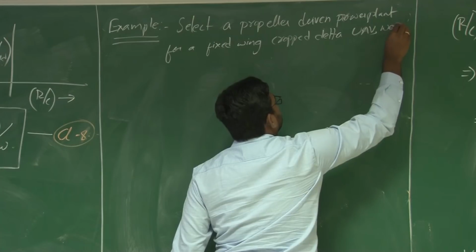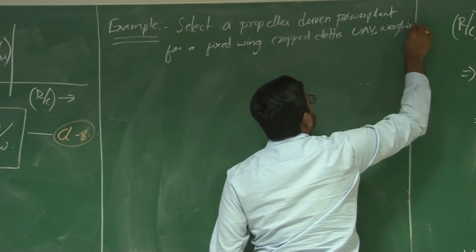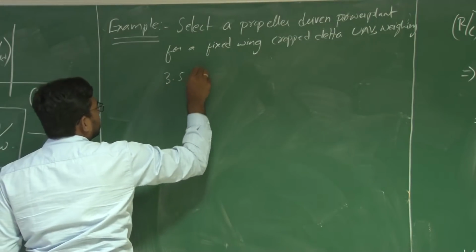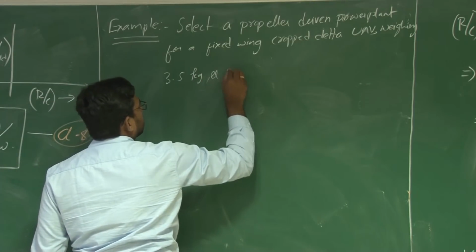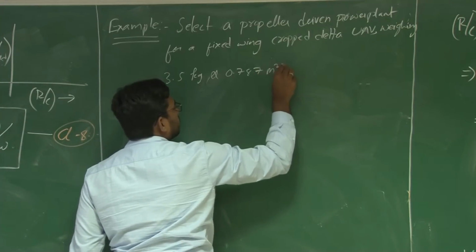It weighs 3.5 kg and has 0.787 meter square wing area.